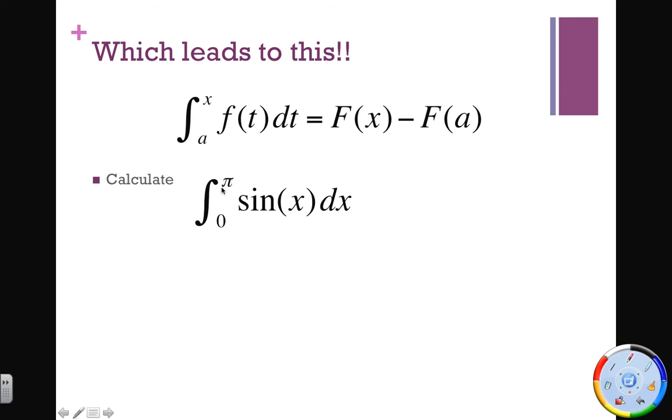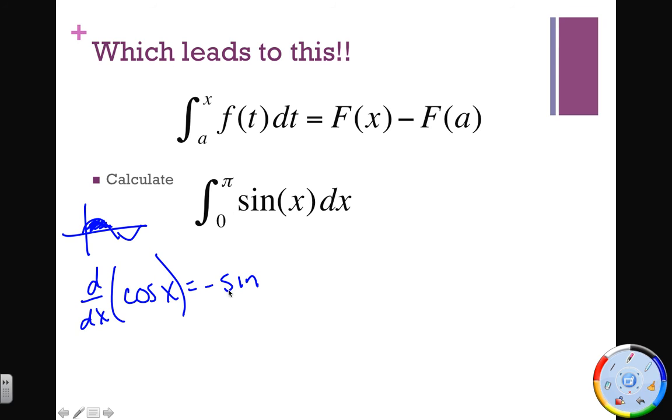So from 0 to pi, for sine of x, that's just this little bubble here. And what I want to do is think about, like I said on the last page, whose derivative is sine of x? Well, I know that if I took the derivative of cosine of x, I would get negative sine.